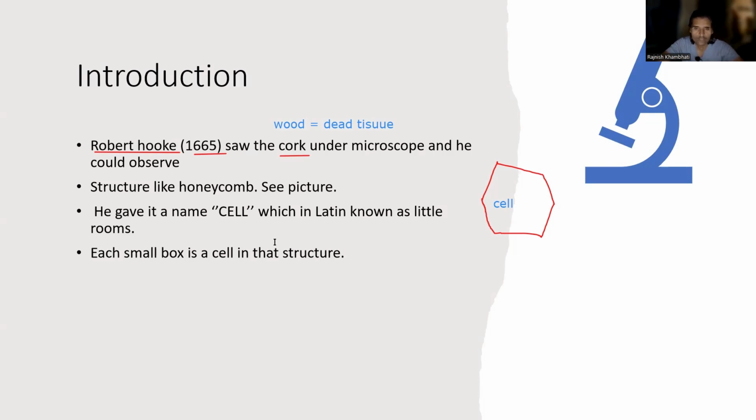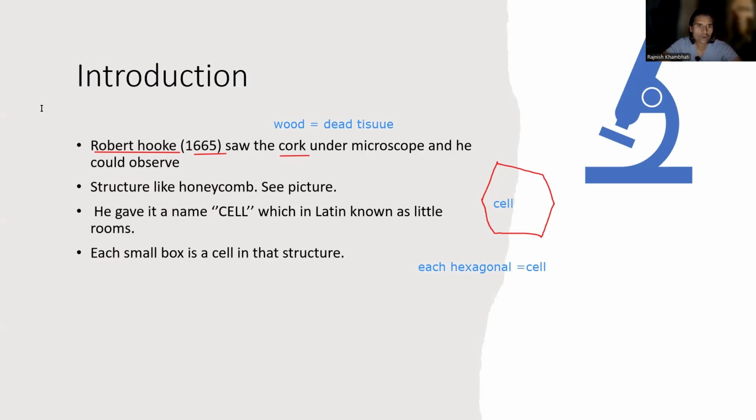So that is why the name cell is given to this honeycomb hexagonal structure. Each and every hexagonal structure is a cell. Remember that. So this is the first thing we should know.